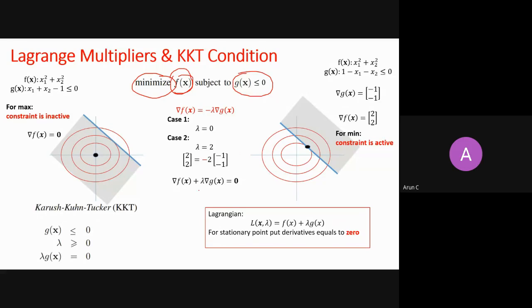Because let's say my function is x1 squared plus x2 squared. If you see it in 3D, it will be this kind of a bowl, right? And the gradient is always pointing outside, which is nothing but where the height is increasing.